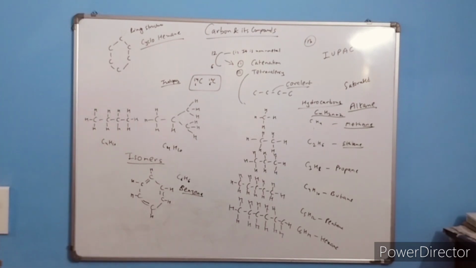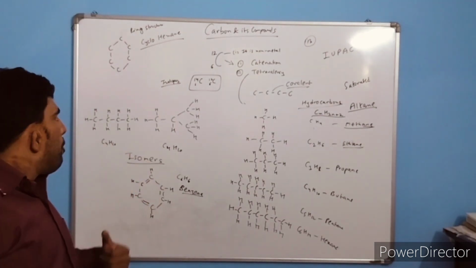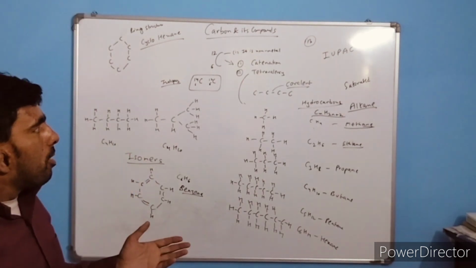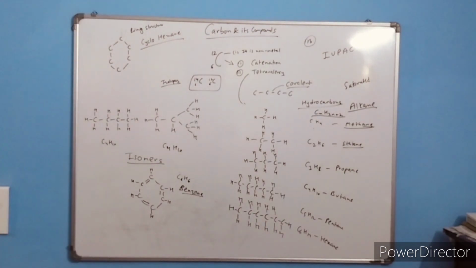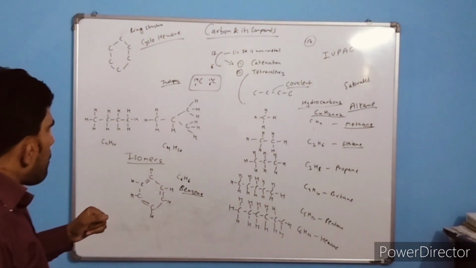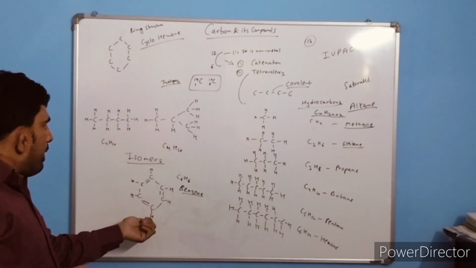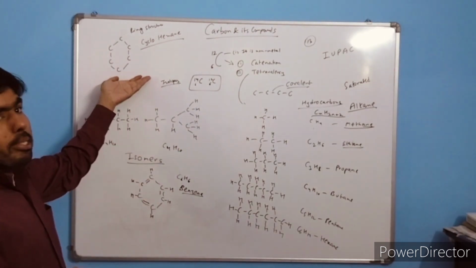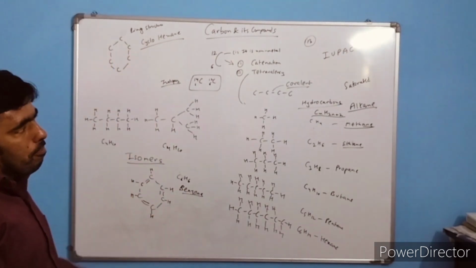Okay, so that is how we are able to clarify now. We are able to find a difference now, or I can say the type of structures now. Now straight chain, branch chain, and that is called ring structure. So see, their naming is also changing.